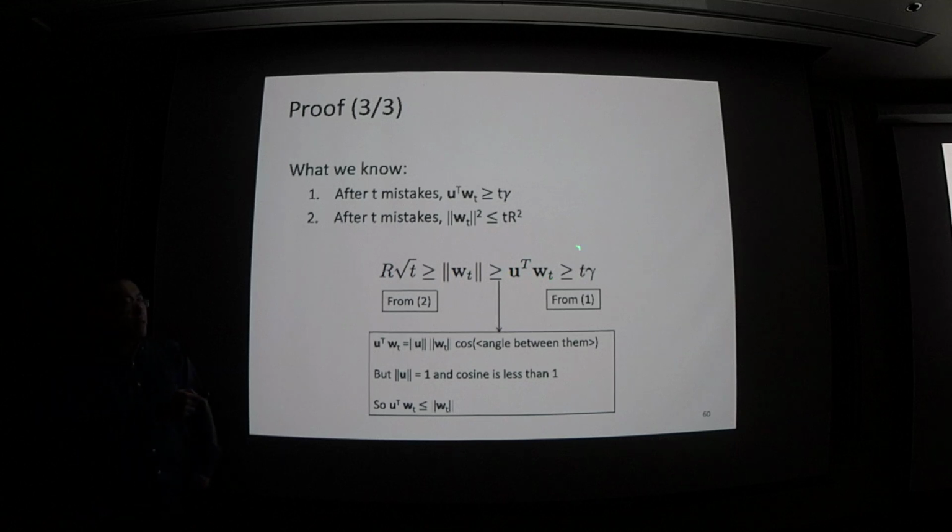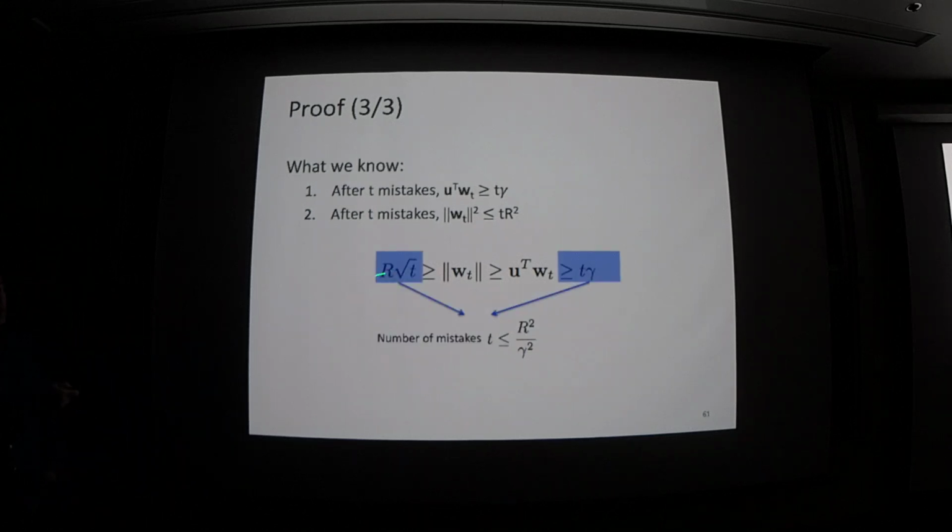This inner product is further lower bounded by t times gamma. Looking at the left-hand side and right-hand side, we have R times the square root of the number of mistakes t is no less than t times the margin gamma. Solving this, we obtain that t is upper bounded by R squared over gamma squared. So we finish the proof.